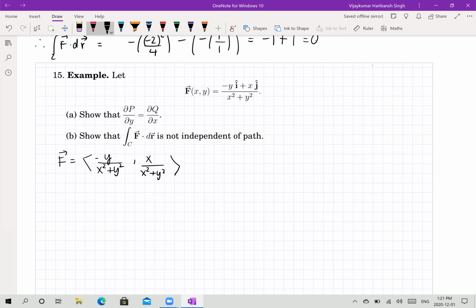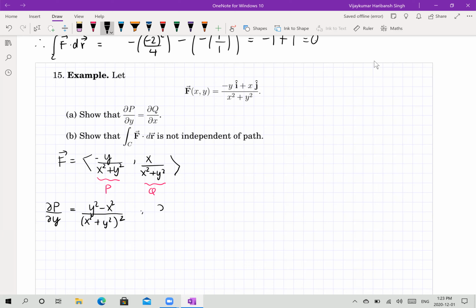If this is my P here, this is my Q, we need to show ∂P/∂y equals ∂Q/∂x. And ∂P/∂y, you can apply the quotient rule and you will see that it's going to be y squared minus x squared upon x squared plus y squared the whole squared.